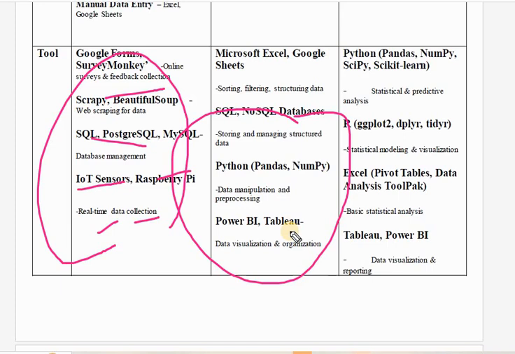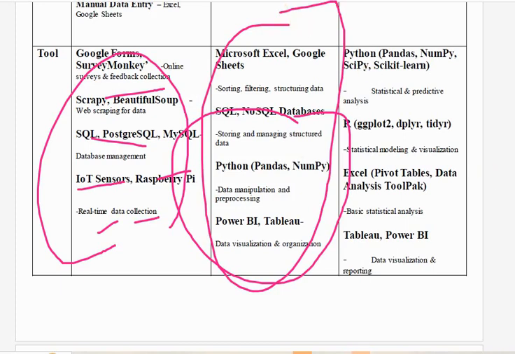In the sense that if there are any null values or error data which we do not want, we clean it and put it in proper table formats, along with all the procedures which come under organizing. For those purposes, we use these tools. There are many tools, but I have mentioned a few.